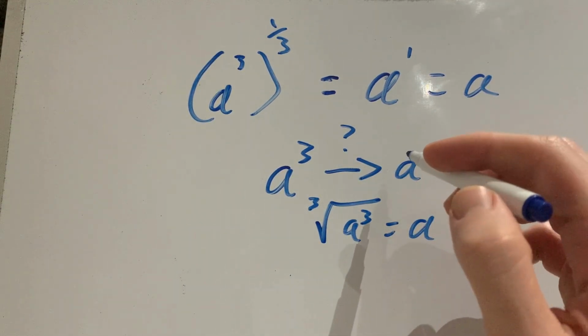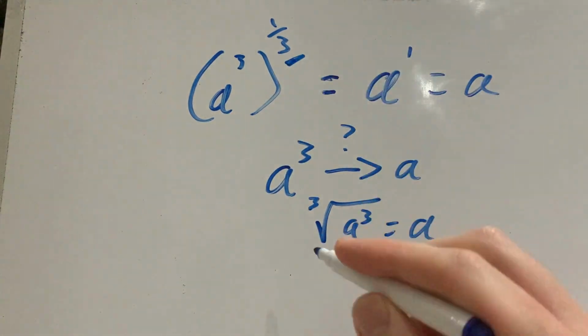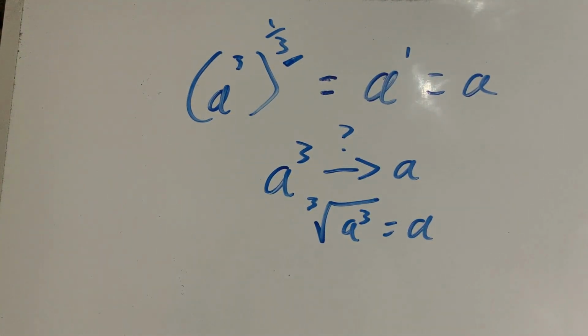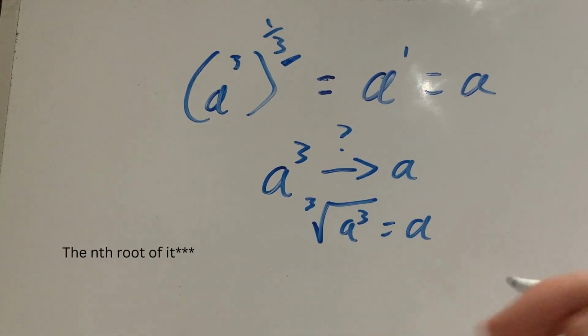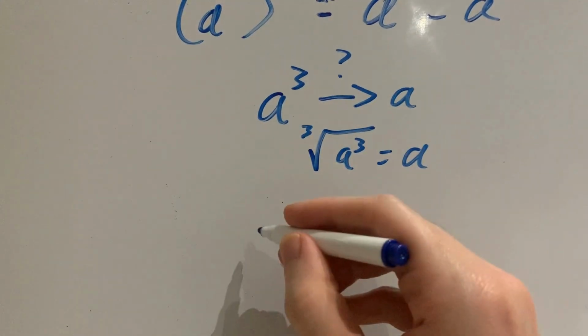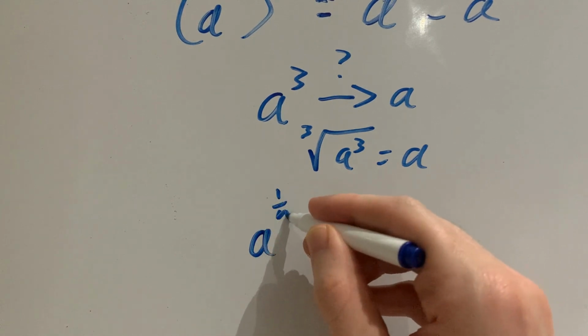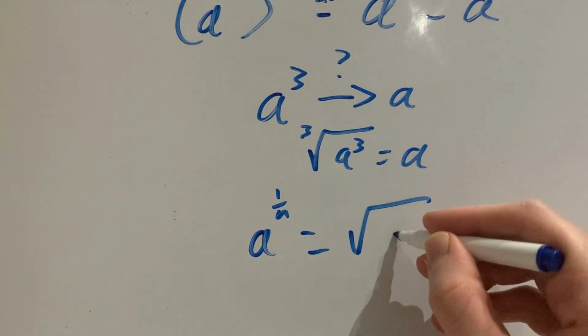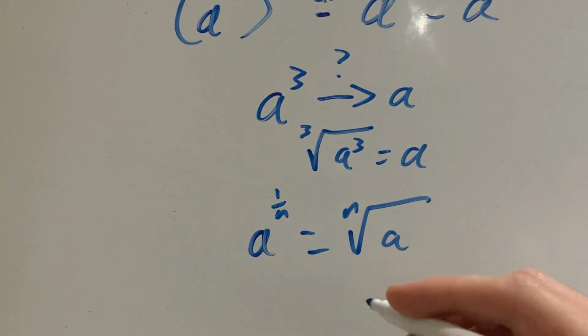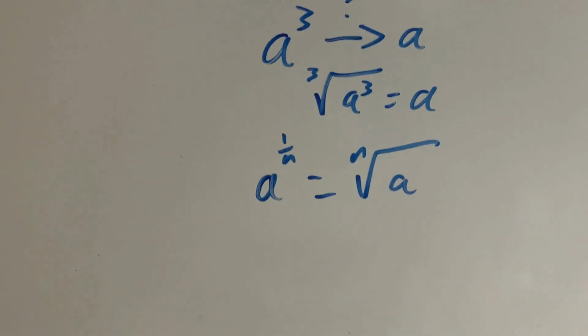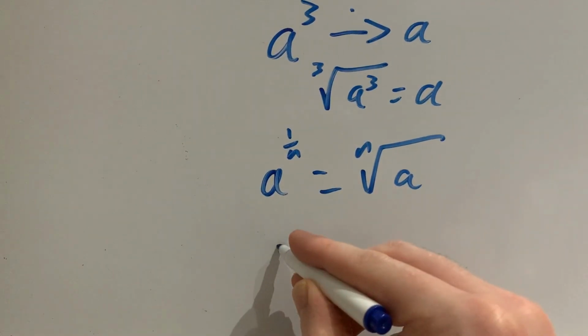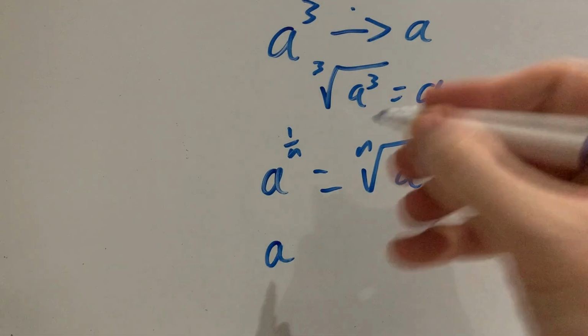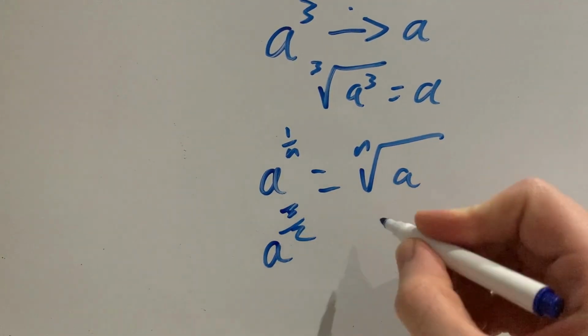So in that sense, when we raise something to a fraction, we're taking a root of it. So for example, a to the 1 over n is just equal to the nth root of a. And so that's going to help us. Imagine if we wanted to do a to the 3 over 2.